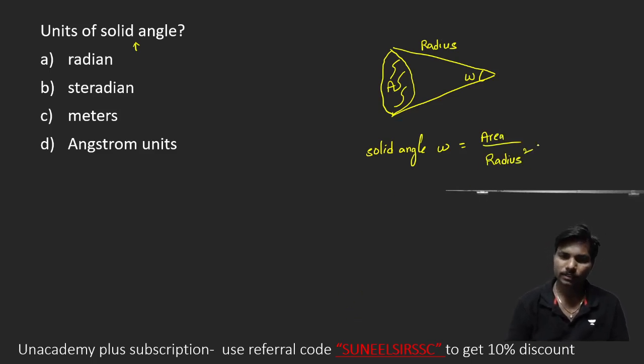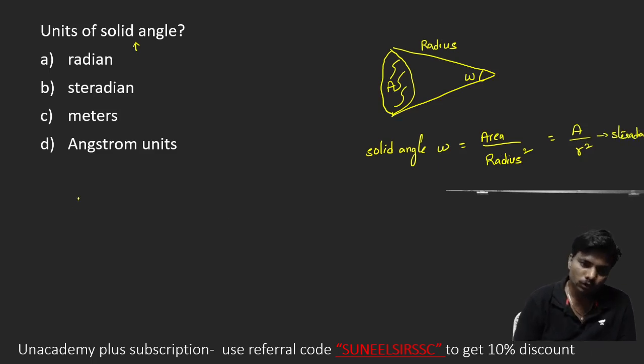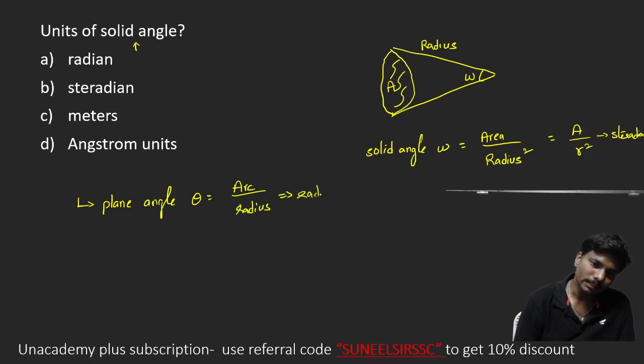So area is A, divided by radius square, r square, so the units are steradian. All of you try to remember: plane angle, just plane, that is theta, arc by radius, and the units are just radians.